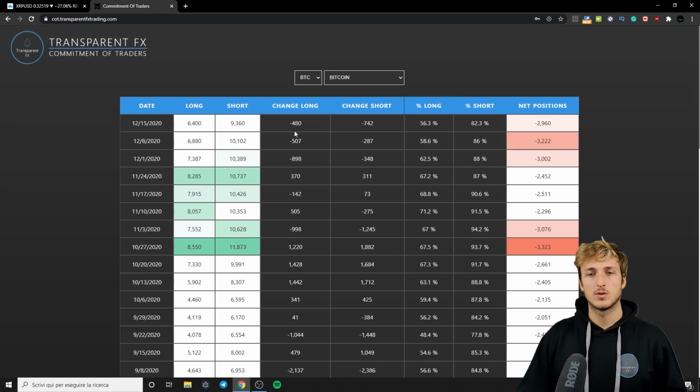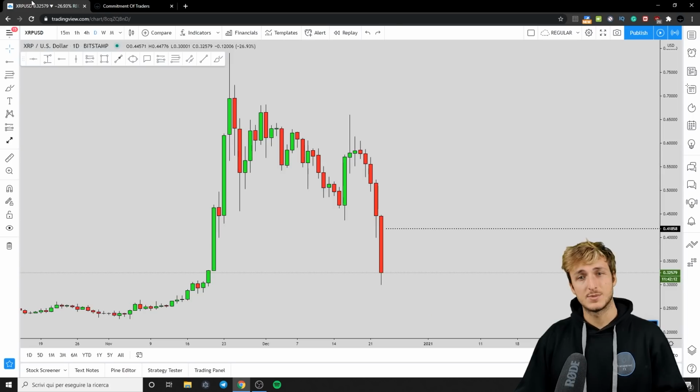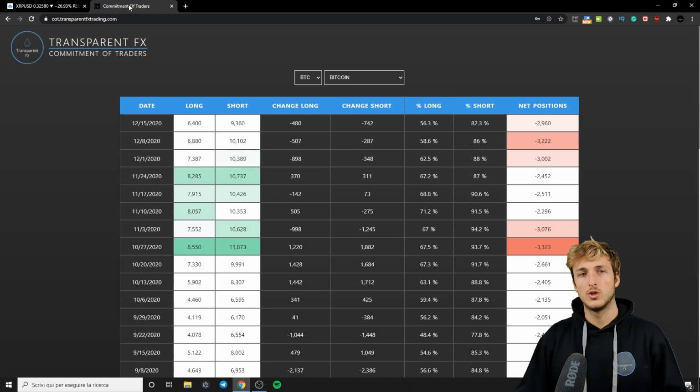Now, if we go and see what we have from a COT perspective, when it comes to BTC USD, hedge funds create a lot of hedging on it. Plus, in this specific case, we have a lot of fundamentals involved. So we cannot get anything very interesting if we check the COT data for BTC USD specifically, if we're looking for information on what hedge funds are doing on Ripple.